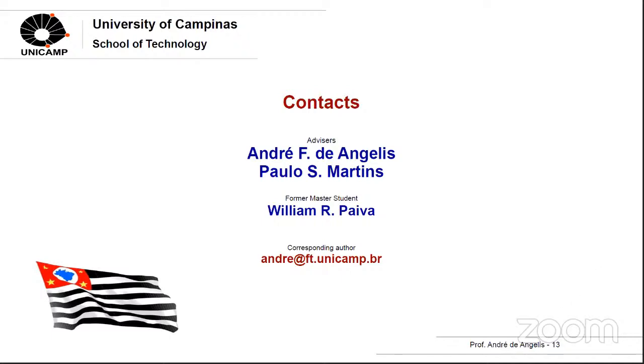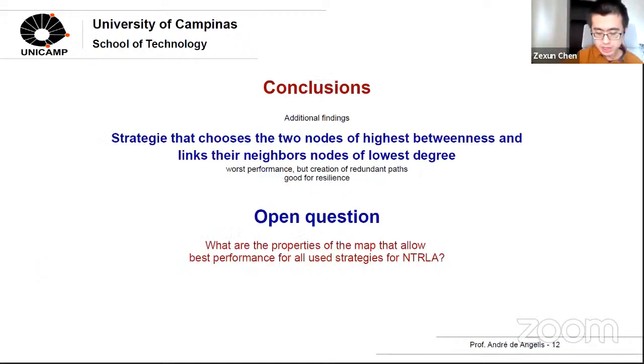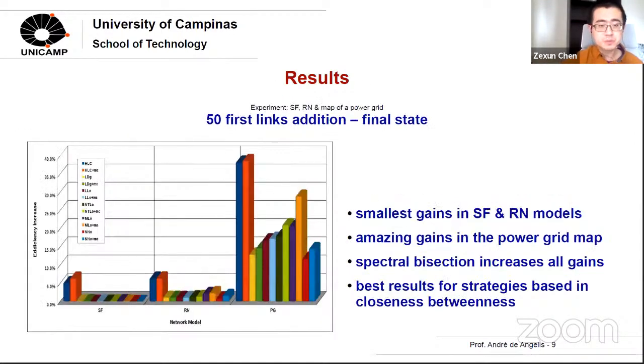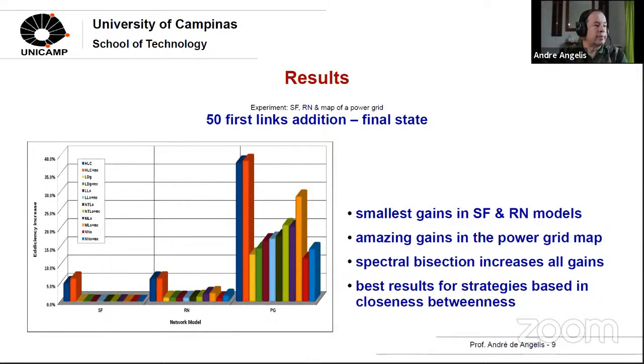So it is a very interesting talk. I have a question first. I can observe you compare different strategies on the different models. Like HLC did best for the PG. Here we can only say that you observe this kind of phenomenon.